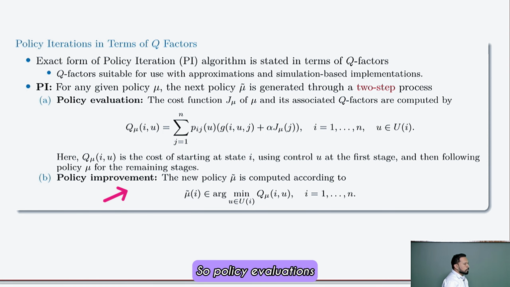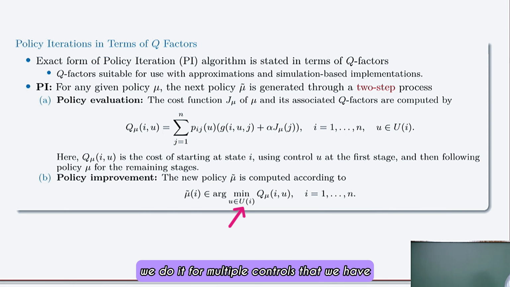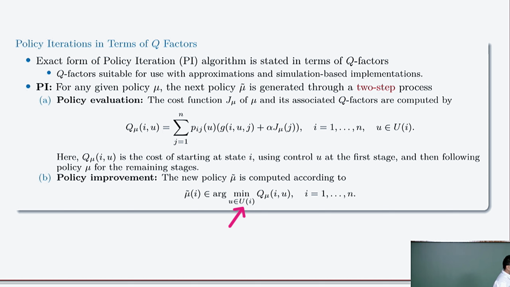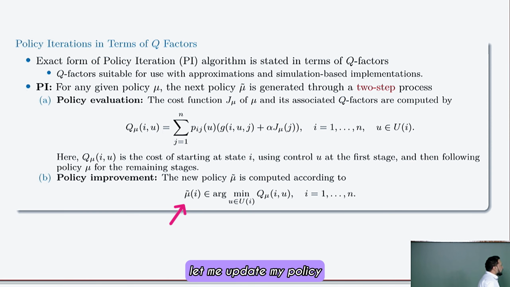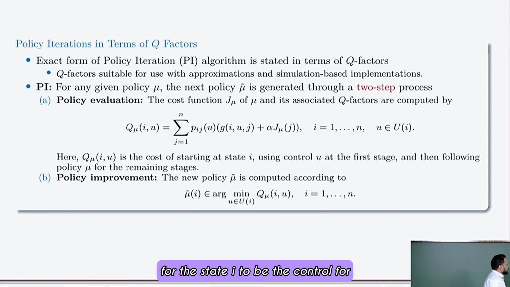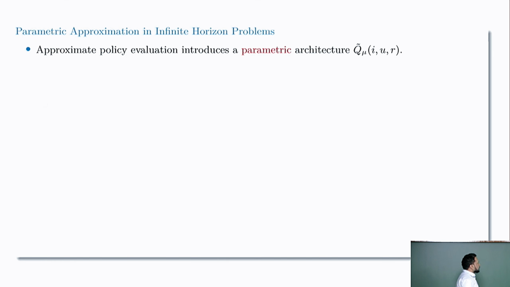So in policy evaluation, we do it for multiple controls that we have, and we look at what is the Q value for this control, what is the Q value for another control, and so on. So this gives us the estimate for the Q values for various controls, and then here you take the minimum of all those Q values, and then you say, okay, let me update my policy for the state i to be the control for which the Q value gets minimized.